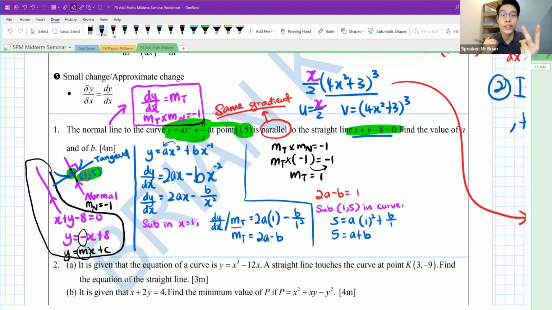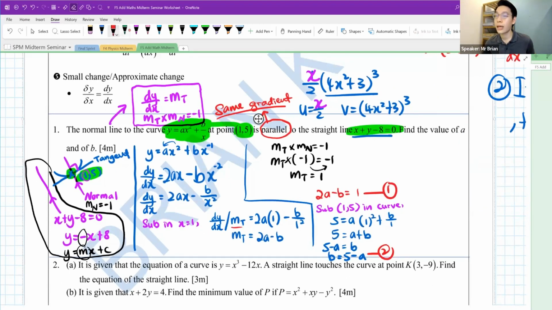When you have two unknowns, you need two equations to solve it. We do simultaneous equations. Shall I make A the subject here? Or B also can. It doesn't matter. I move the A over, then B is equal to 5 minus A. Let me call this equation number 1. Let me call this equation number 2. And we try to solve our equations.